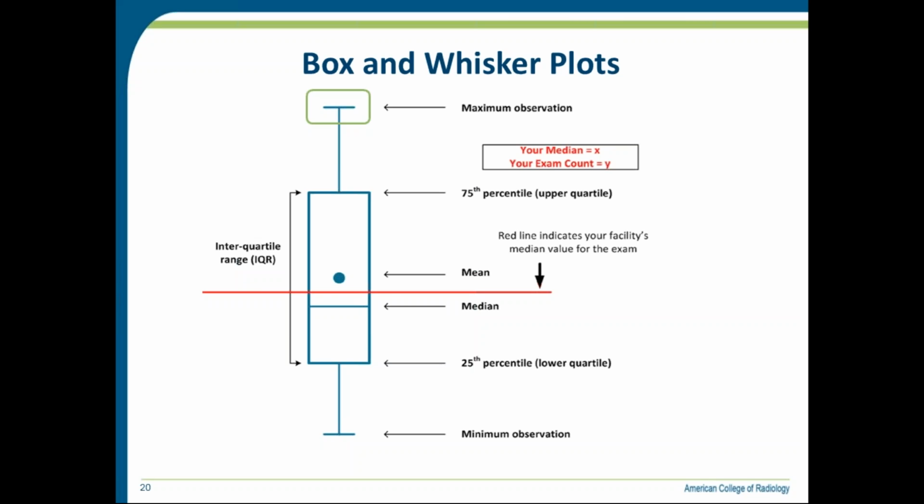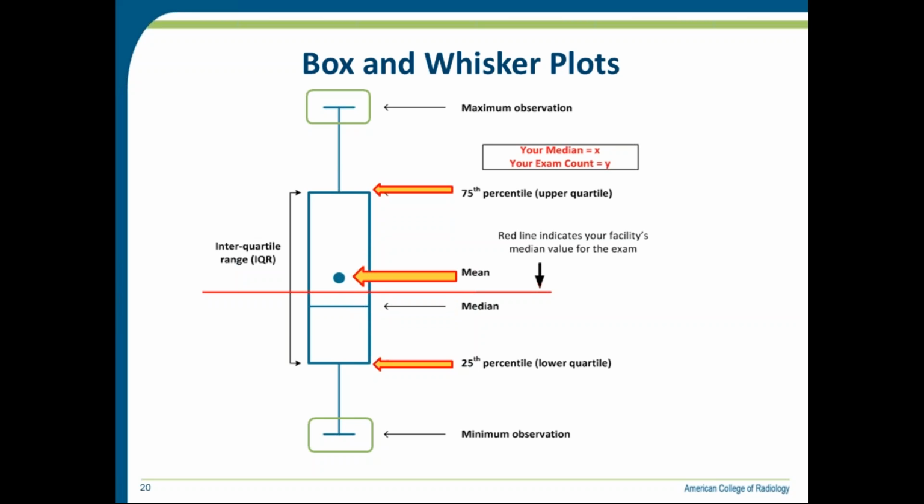So the upper whisker is the maximum observation. The lower whisker represents the minimum observation. You can see the lower part of the box is the 25th percentile or lower quartile. Upper part of the box itself is the 75th percentile or upper quartile.